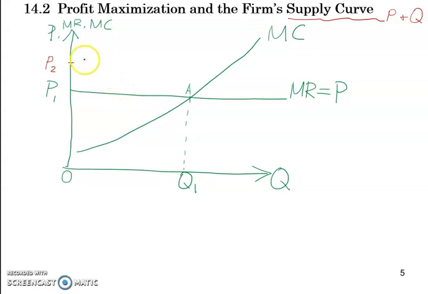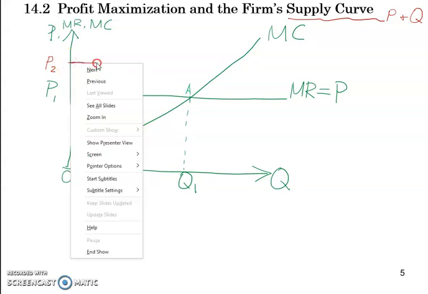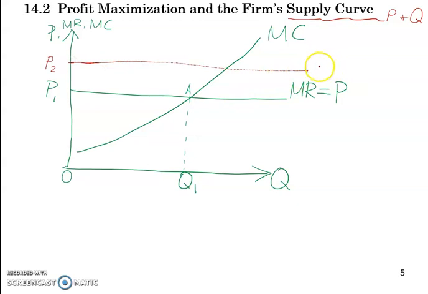Now once again, let's move our discussion from the market-wide to this firm specific. For this specific firm, P2 is again a straight line here. So here it's P2. Okay, let me put this back.